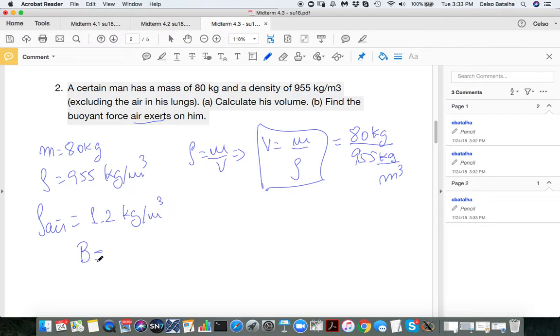In this case it is the density of air times the volume of air displaced times g. The density of air was given. The volume of air is the volume of the man that has been calculated previously, times 9.8.